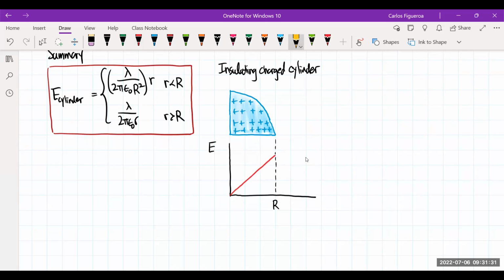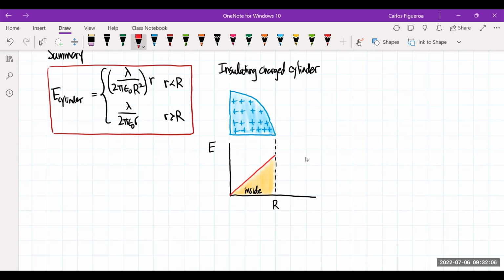Note that this is very similar to what happened with an insulating sphere. And what you're seeing here is that as the Gaussian surface gets smaller and smaller, it encloses less and less charge. And therefore, I have zero enclosed charge at the center, and the field should be zero. Exactly what we would expect.